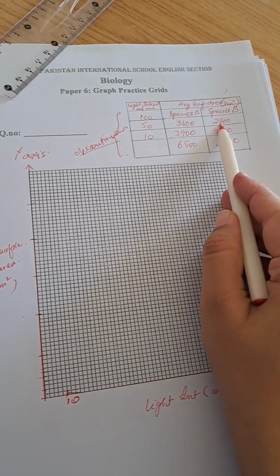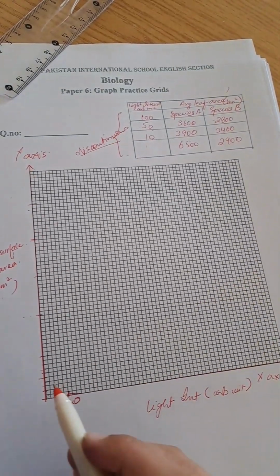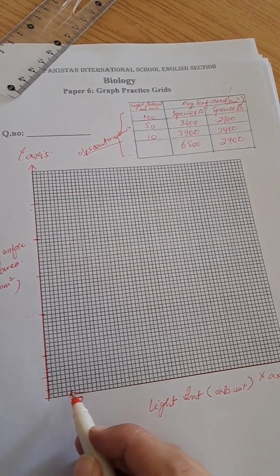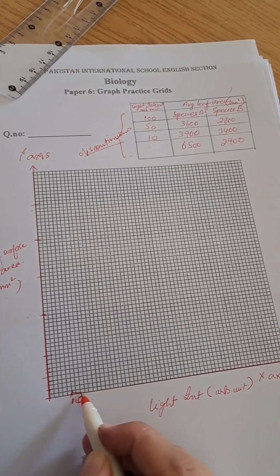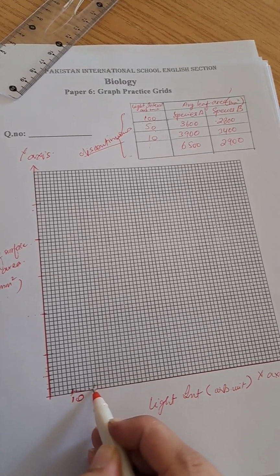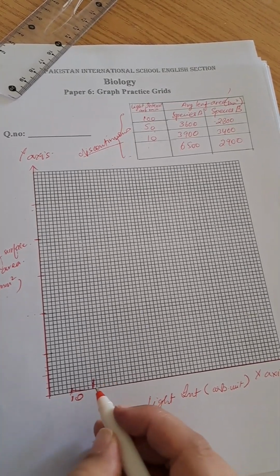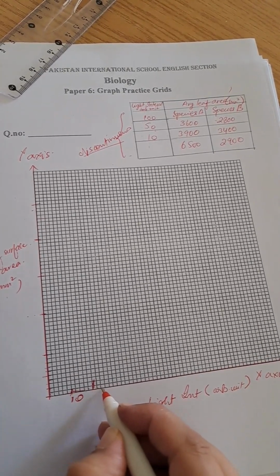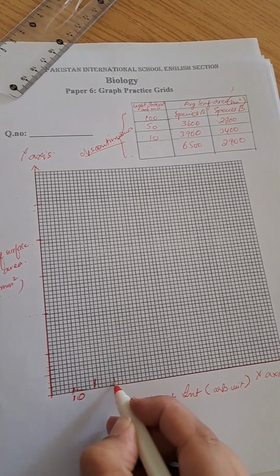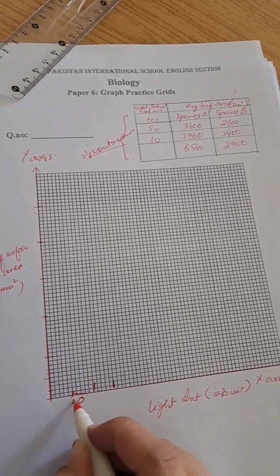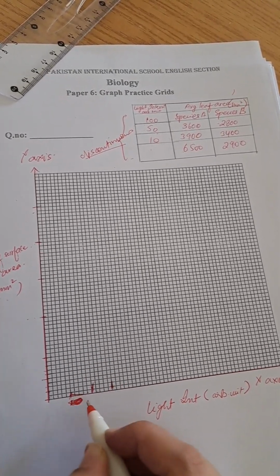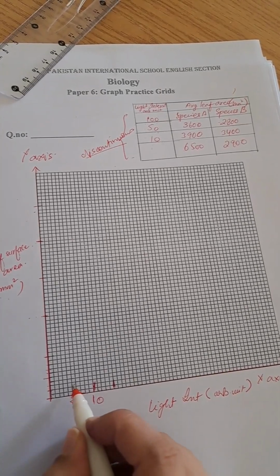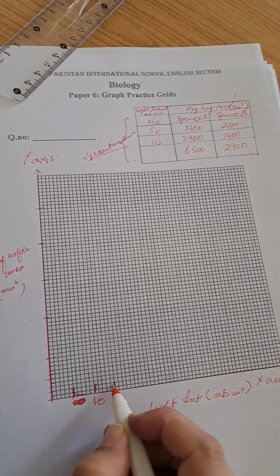So how wide do you want each of your bars to be? If you want your bar to be 5 boxes each, you can simply select 1, 2, 3, 4, 5. This is going to be for the first species A, and another 5 boxes, 1, 2, 3, 4, 5, is going to be for the other species. Now this 10 obviously will not be written here, you will be writing it here in the center. Here will be the 2 bars that you will make.